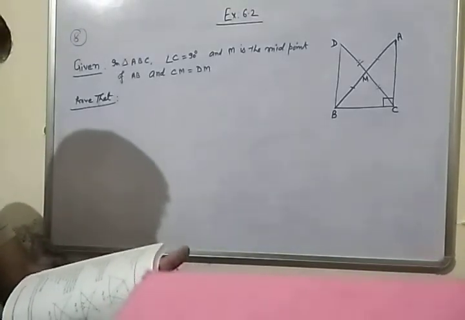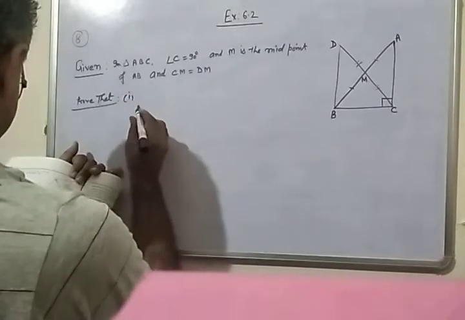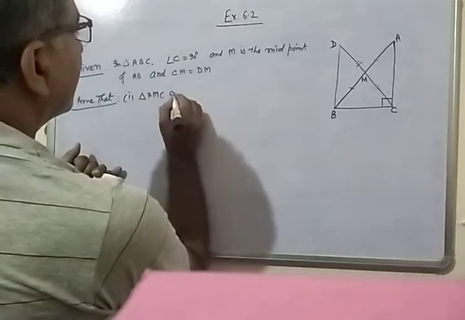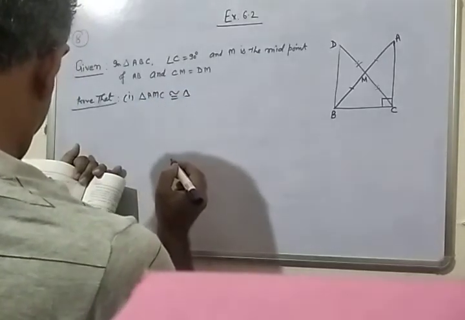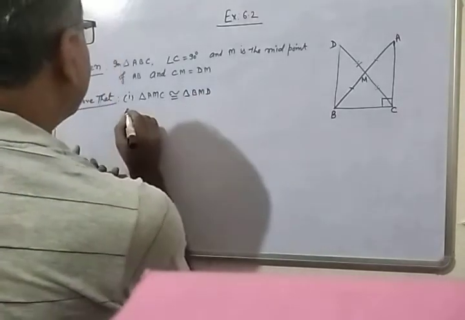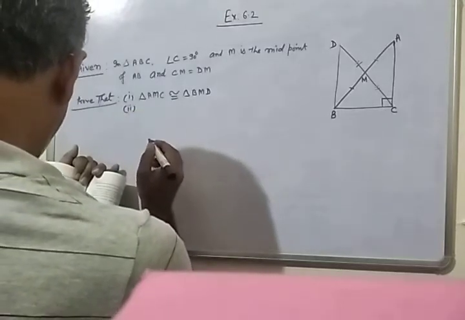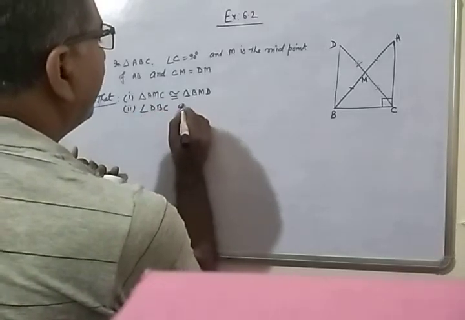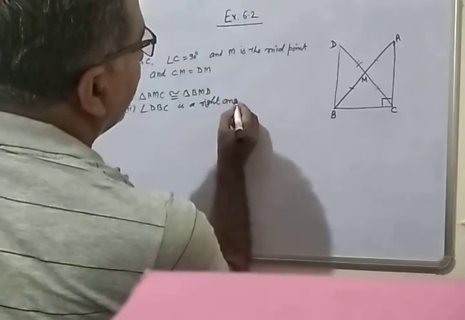Here are four parts. First part is triangle AMC congruent to triangle BMD. Second one, angle DBC is a right angle.